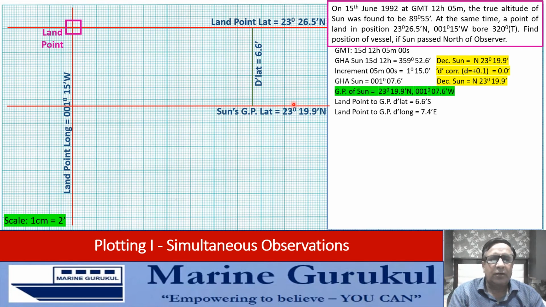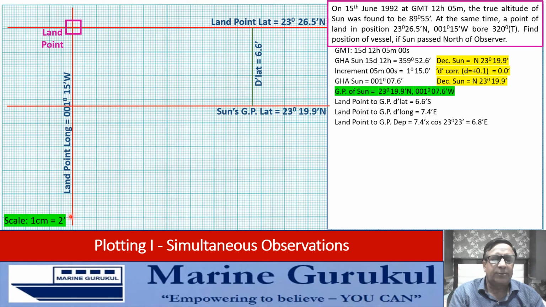Now we find the D-long from the meridian of the point on land to the meridian of the GP, and the D-long is 7.4 minutes east. That means the meridian of the GP would be on this side. But to space them out, we'll need the departure. Using the latitude, we get a departure of 6.8 minutes.